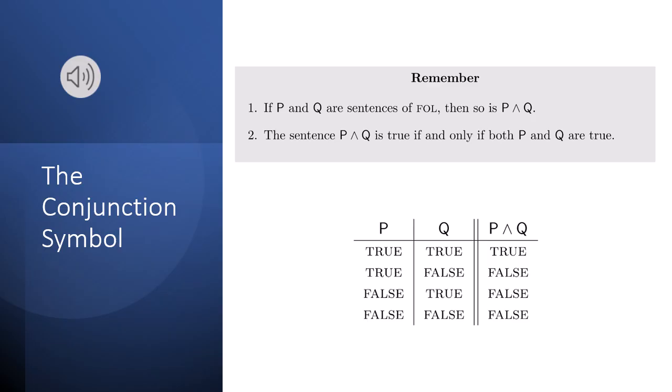If P and Q are sentences that we've already constructed, either atomic sentences or complex sentences, then we can form a new sentence by writing down P, the conjunction symbol, and then Q. We read that as P and Q, or P conjunction Q. That produces a more complex sentence, and that sentence can then be fed back into that bullet point number one and repeatedly applied. As we produce more sentences, we get more and more sentences. And this is a lot like what happened with our function symbols and our complex terms.